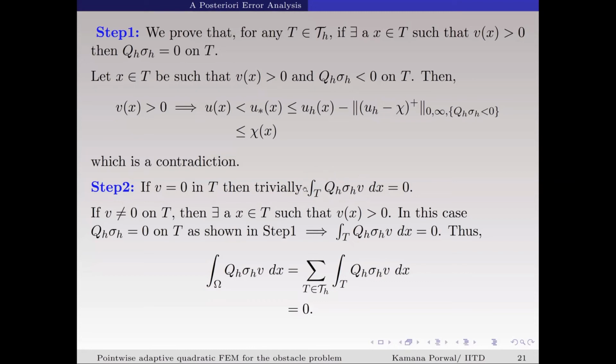So basically, we obtain that this integral is 0. Finally, we conclude that the integral of QH sigma H V over the domain omega is 0 because it can be written as the sum of these integrals over the elements, and each of these terms vanishes. Thus we obtain that U lower star provides the lower bound of the solution U.